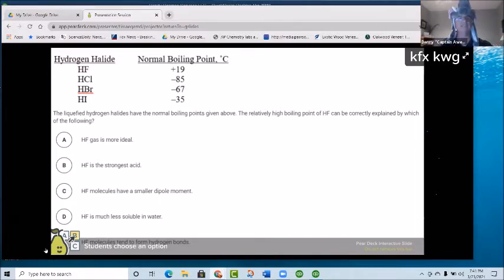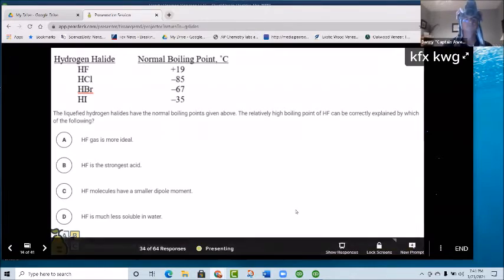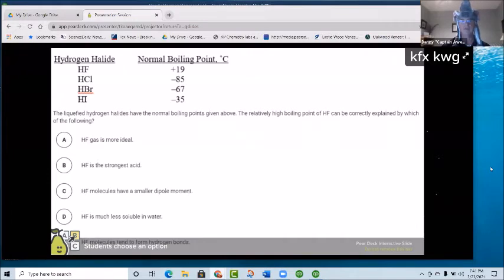Answer choice E is HF molecules tend to form hydrogen bonds. And I will fix that next week. I will quit making things quite so big. So I got 34 answers so far. So what would give HF such a high boiling point out of all the other hydrogen halogen combos?